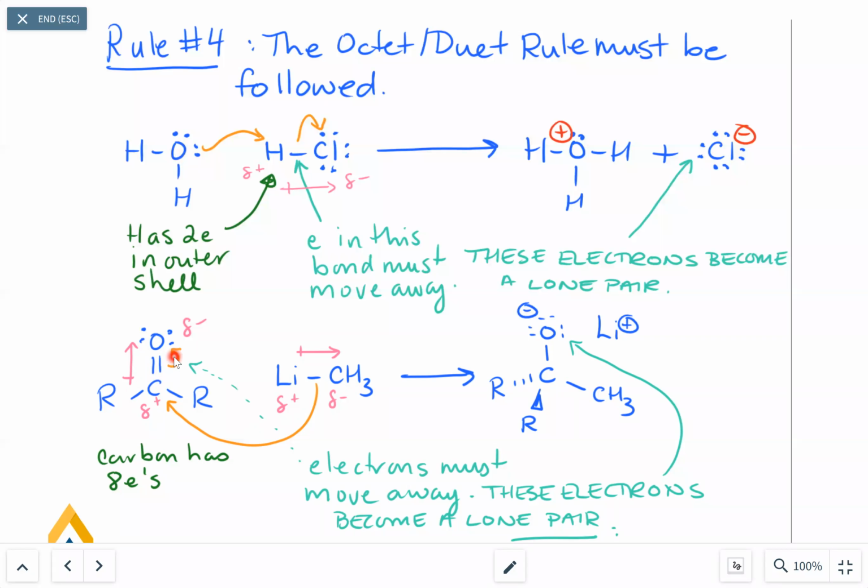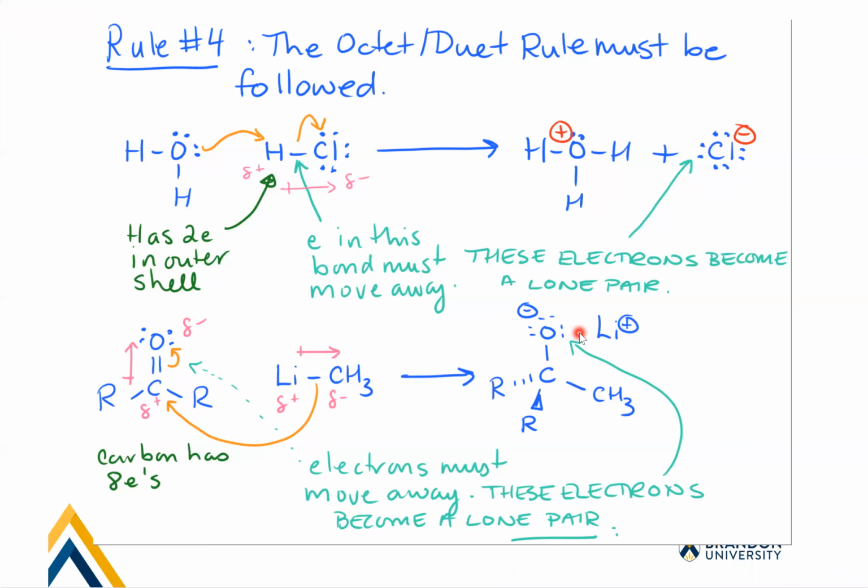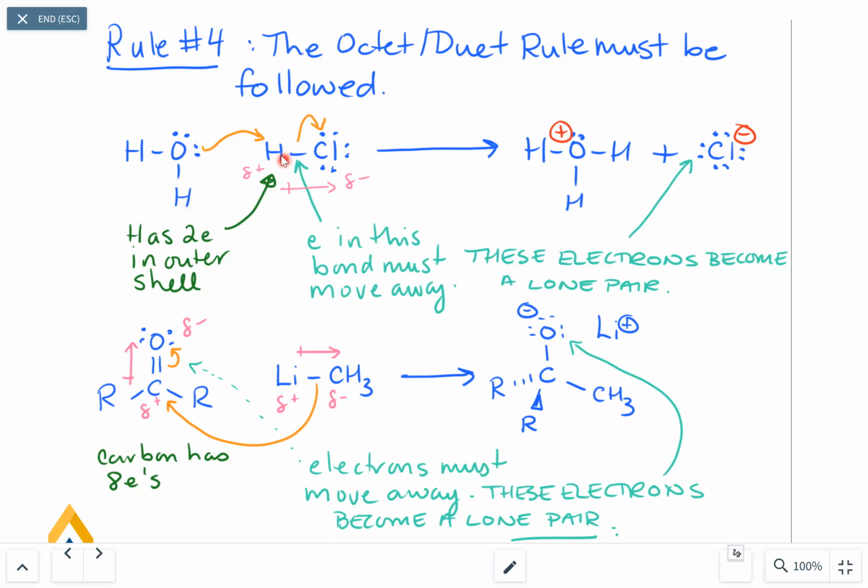The pi electrons will move up onto the oxygen and become a lone pair. So we're always going to be maintaining the octet/duet rule. This hydrogen here already has 2 electrons. If we're making a bond here, you have to break this bond because it can only hold 2 electrons.